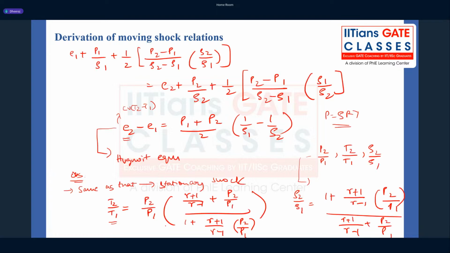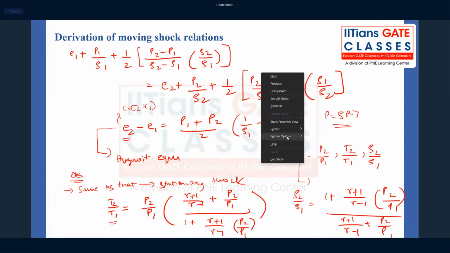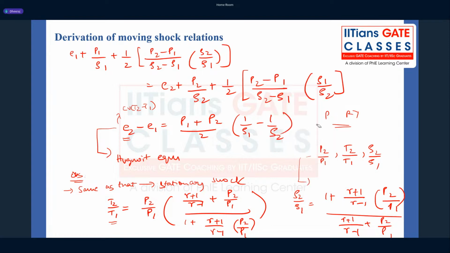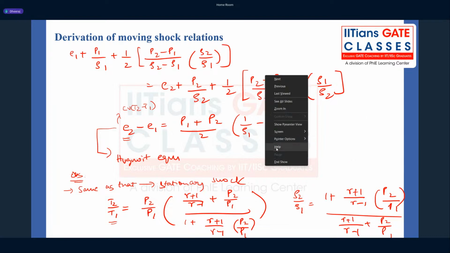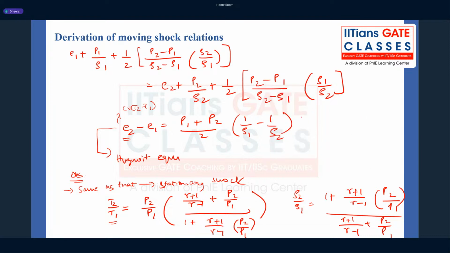One important observation is that for a stationary problem, my T2 by T1, P2 by P1, rho 2 by rho 1 were functions of only gamma and M1, that is my upstream Mach number, right?